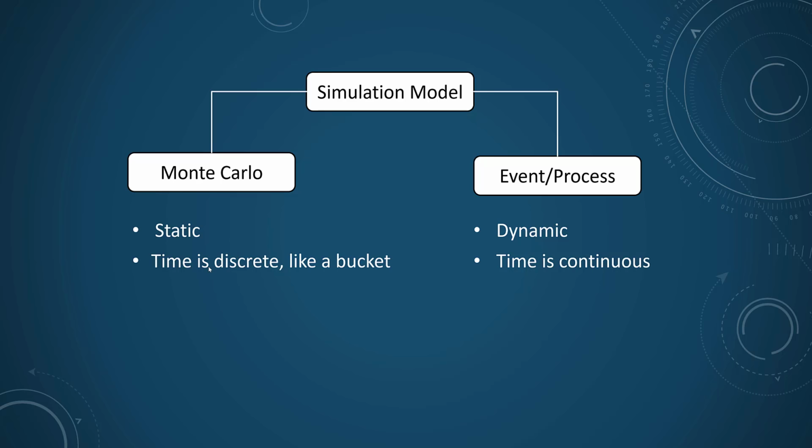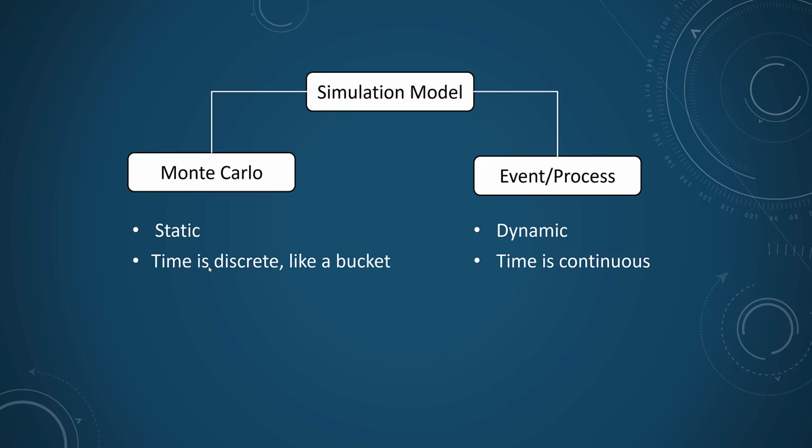And then you simulate that one day and replicate it 10,000 times, and then you analyze the results. So you don't look at time as a continuous flow. You define what time frame you're looking at, a priori. It could be a day, an hour, a month, or a year.